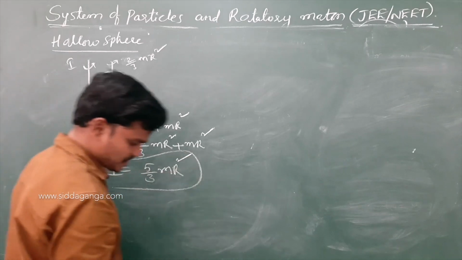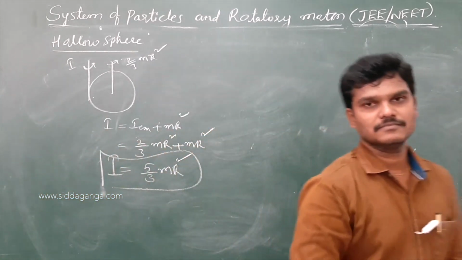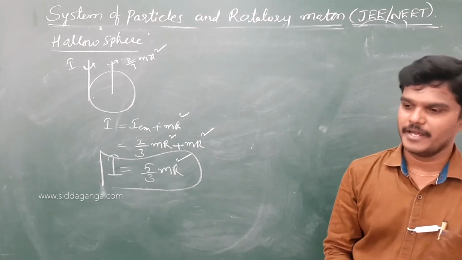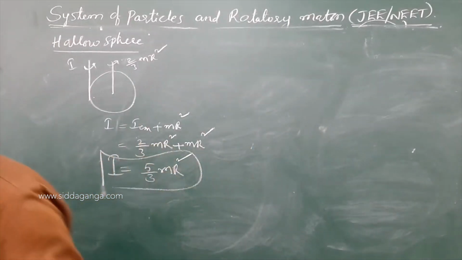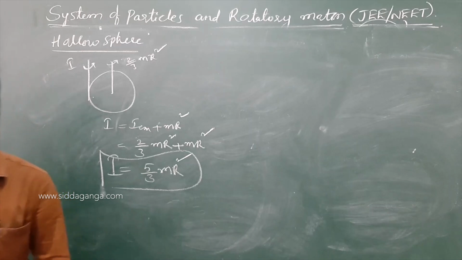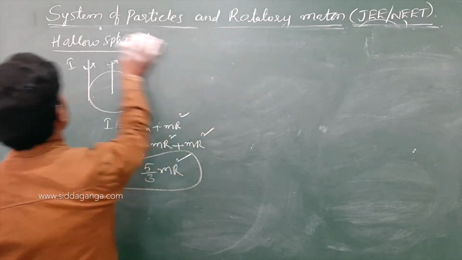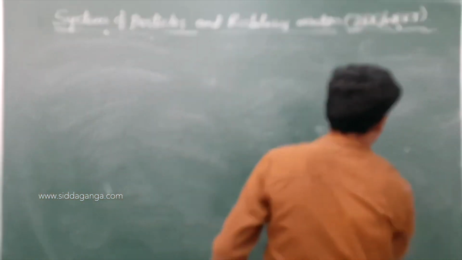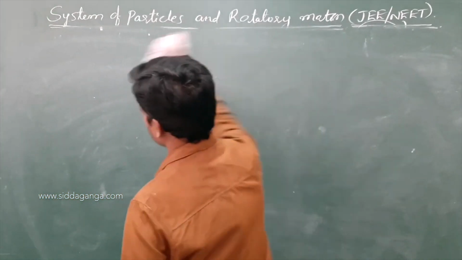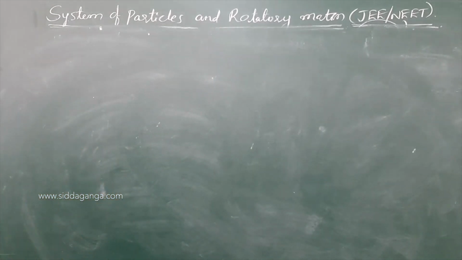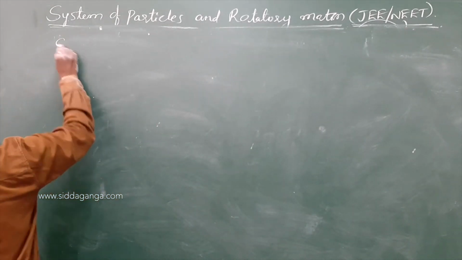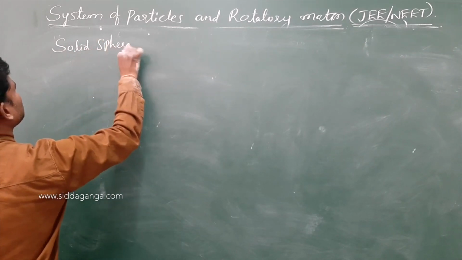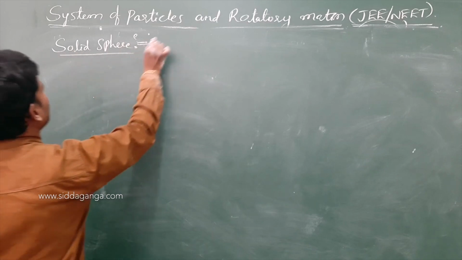Once you know moment of inertia, we can find radius of gyration by using k is equal to root of I by m. Now let us find moment of inertia of the solid sphere, about the diameter.